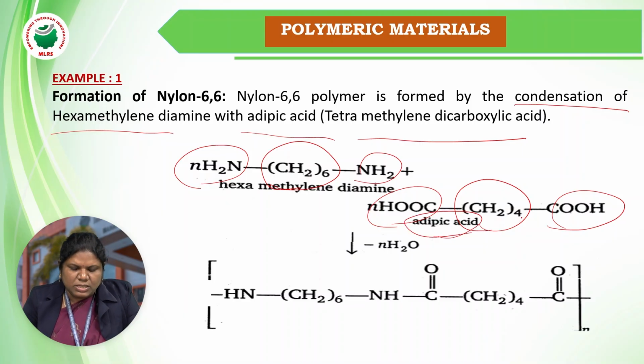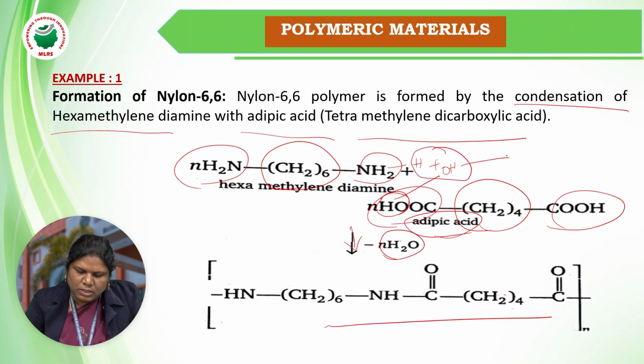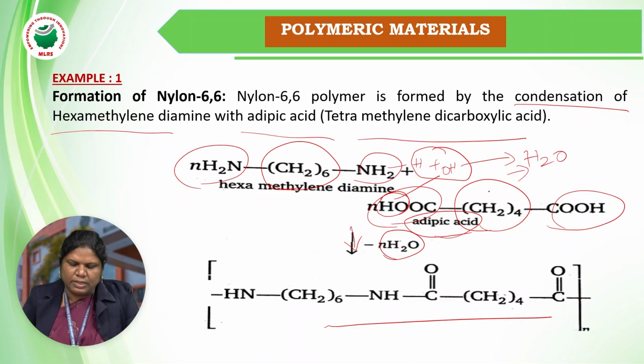These two react, and along with the release of a water molecule, we will get nylon 6,6. See here, the hydrogen from NH2 and the OH from adipic acid combine and react, and the byproduct water will be released.